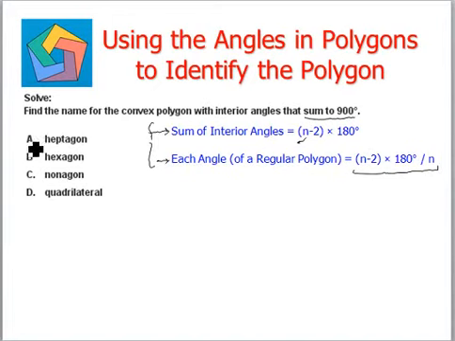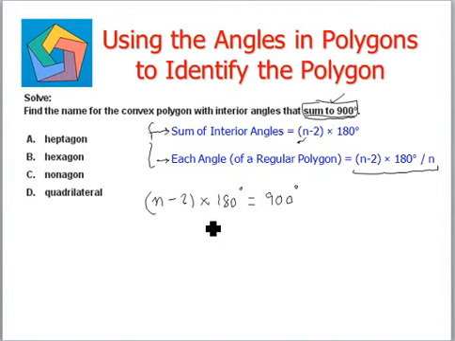Now the first question says find the name of the convex polygon with the interior angles that sum to 900. Here we are given the sum of angles, so we'll use the first formula, that is sum of the interior angles. So we write (n minus 2) multiplied by 180 equals 900, because in the question we are given that the sum of the interior angles is 900 degrees.